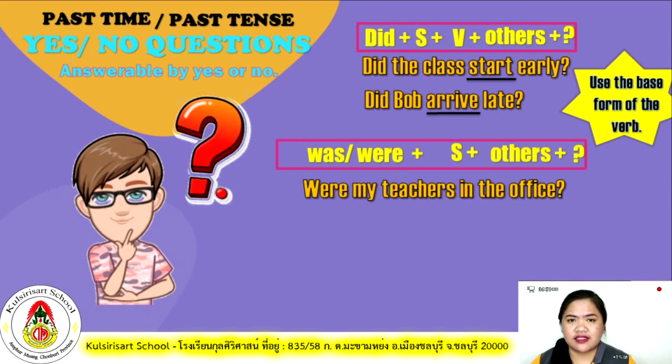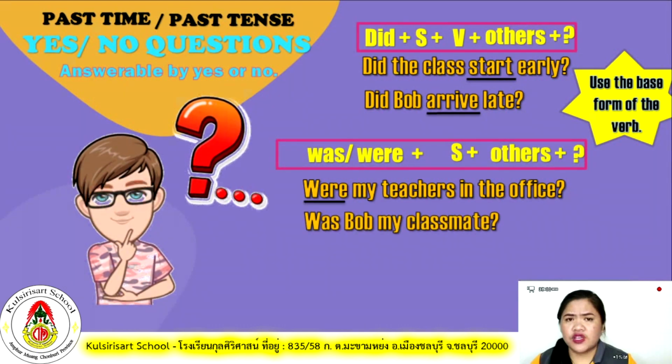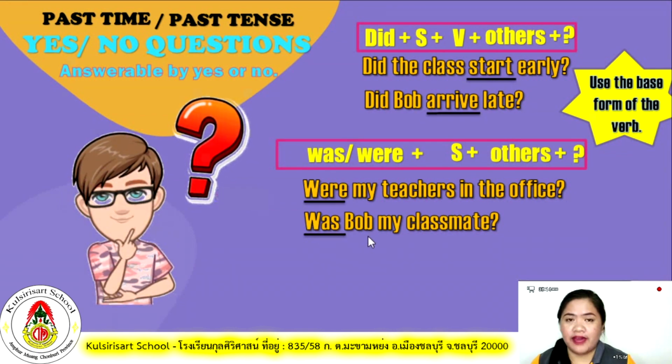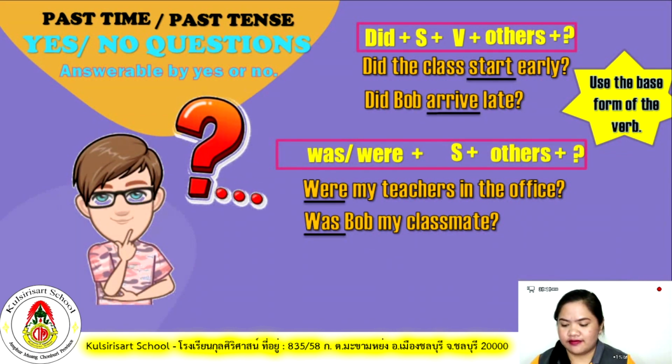Where is the subject? Very good, teachers. That's why we are using were, because the subject is plural. Next, was Bob my classmate? Bob is only one, so we used was, because Bob is singular.